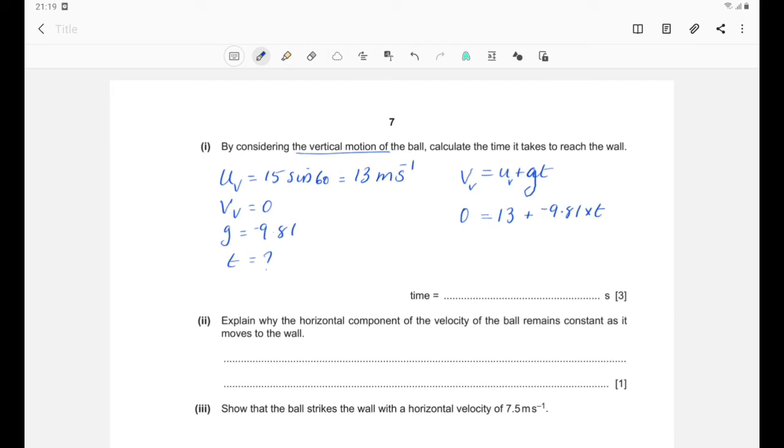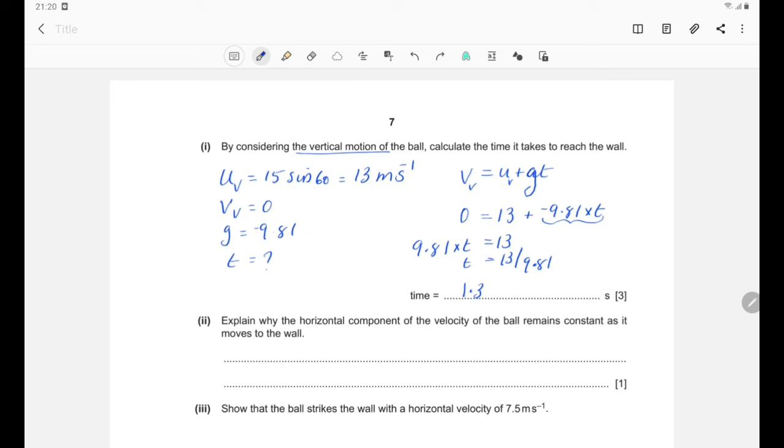First I am going to take this whole thing towards the LHS. So the minus 9.81 t will become plus 9.81 t is equal to 13. So the time will be 13 over 9.81, and you will get a time of 1.3 seconds. That means the ball takes 1.3 seconds to reach from the ground to the wall.